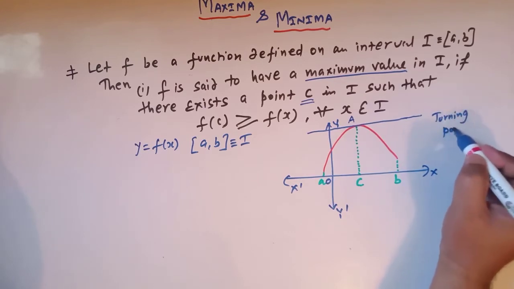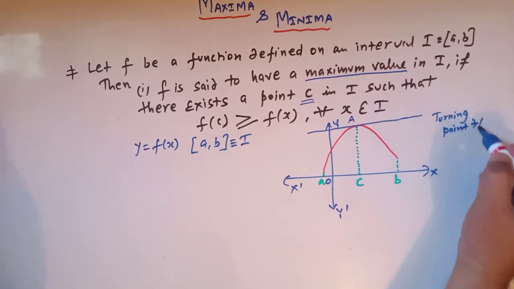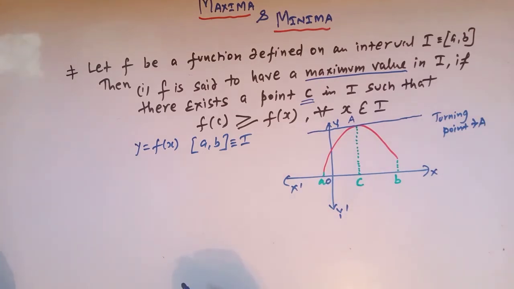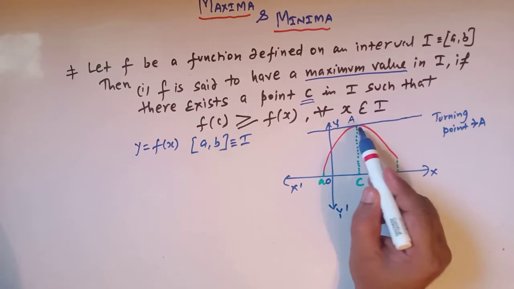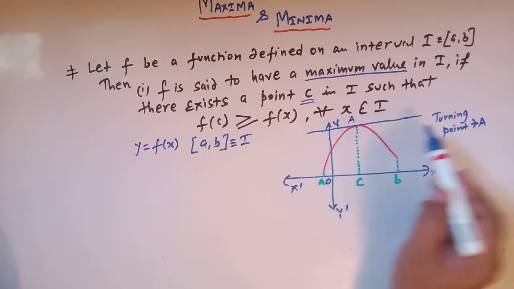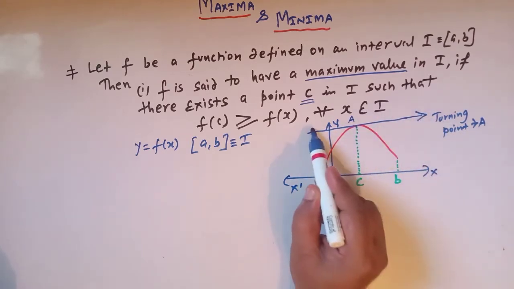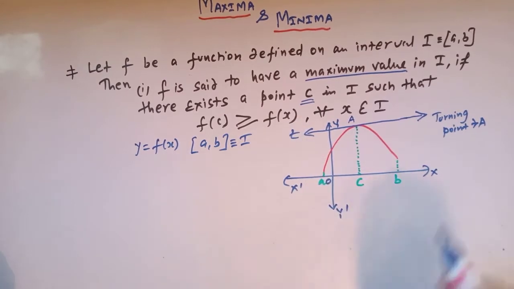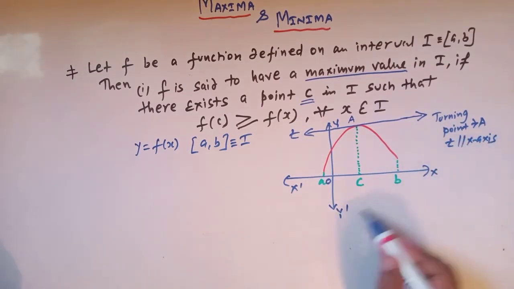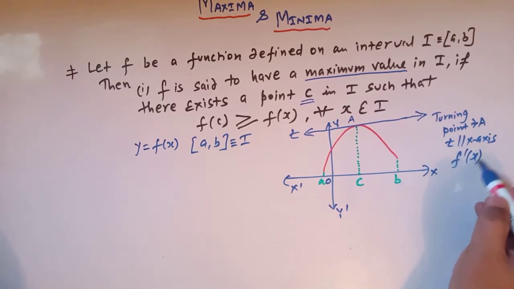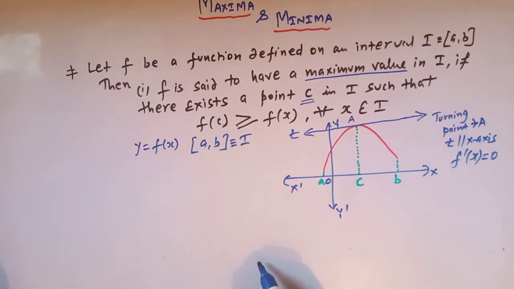At this point A, this tangent T is parallel to the x-axis, and here obviously the derivative of f is 0.